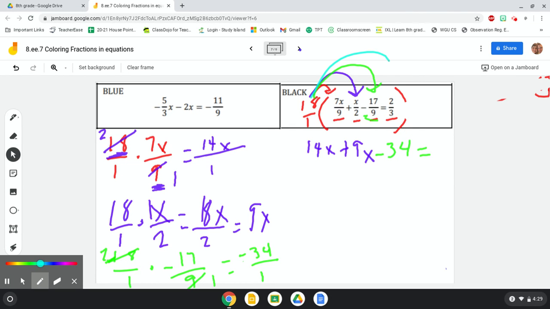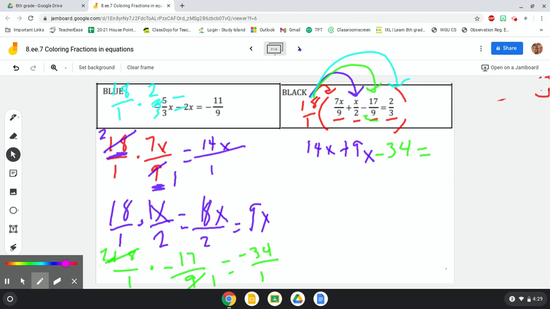And we're going to go 18 over 1 times that 2/3. So I'm going to come up here. So 18 over 1 times 2/3. So I can multiply across. I'm going to do some of that cross canceling. I'm going to pick a different color, it's hard to see.